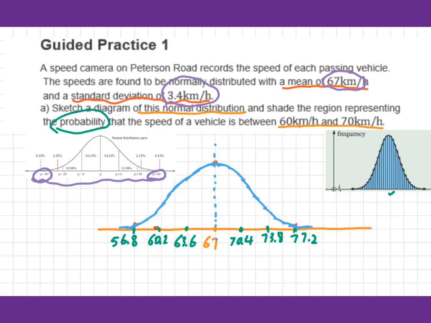Very close here. And 70, it's here. The probability will be the area covered by this curve.